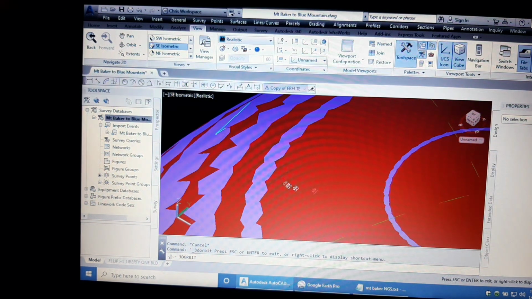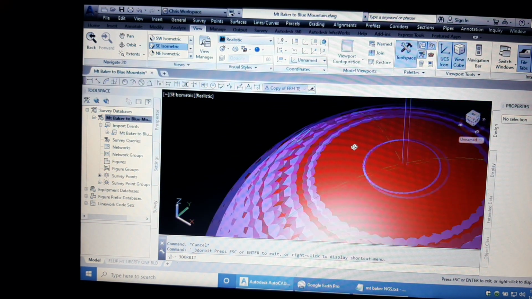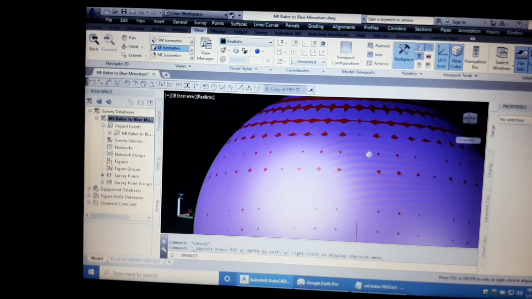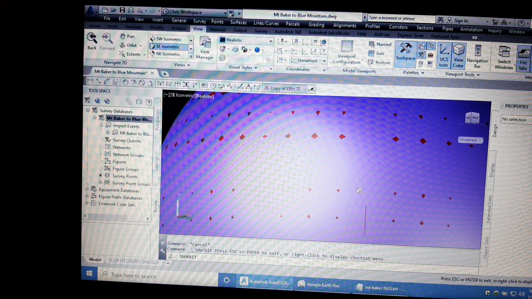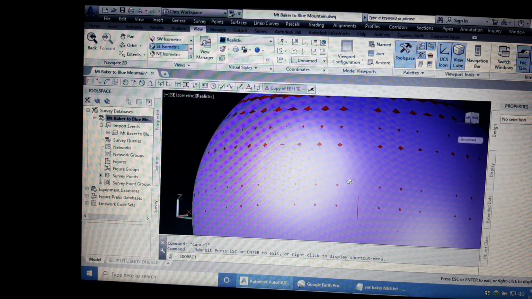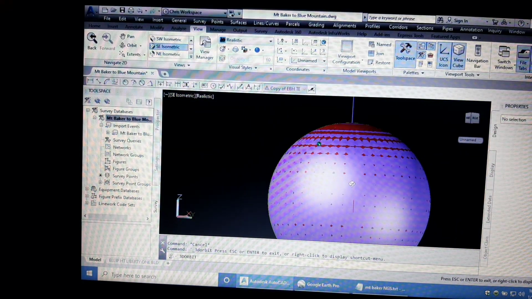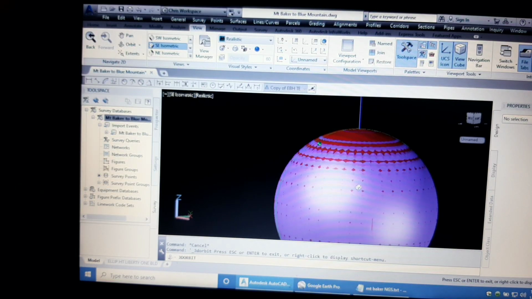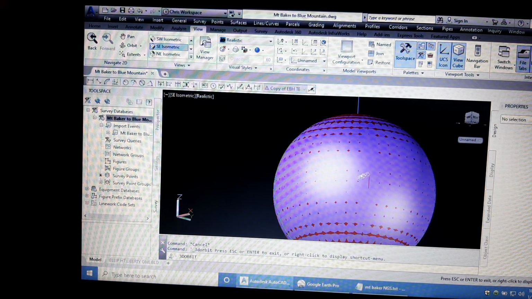See how it's more red here? And then it's blue at the equator. That's the difference because I have two different solids in here.